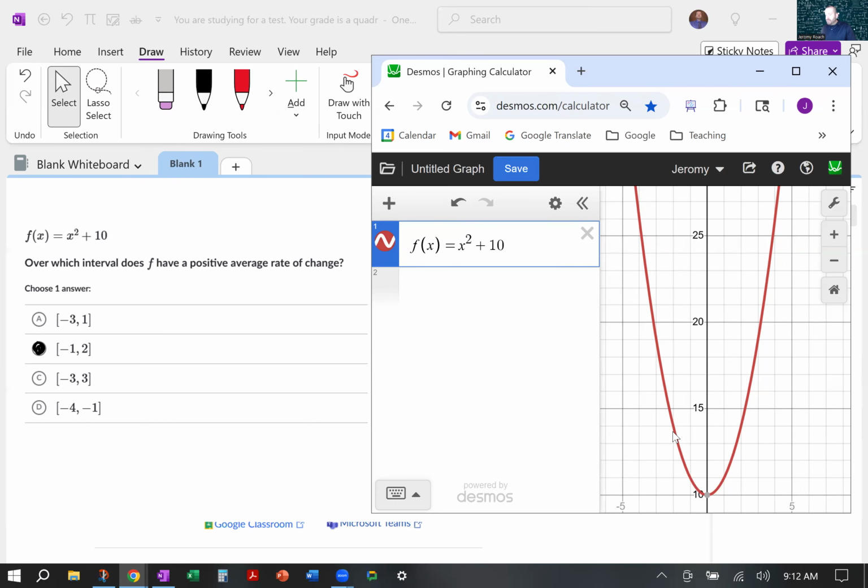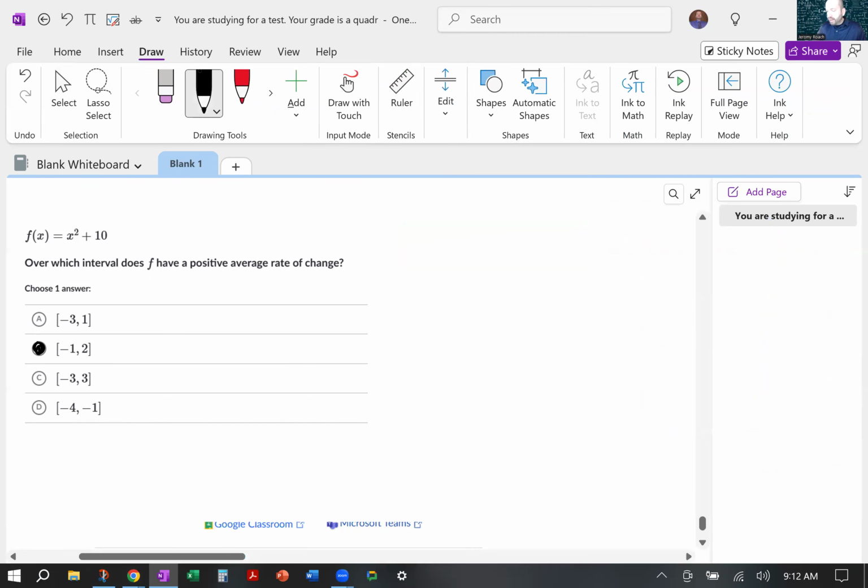So we checked when x was negative 1, going back to a couple problems previous, and then when x was 2. And then we were able to find out that there was a positive slope between those. So we can also write this interval as x is between negative 1 and 2.